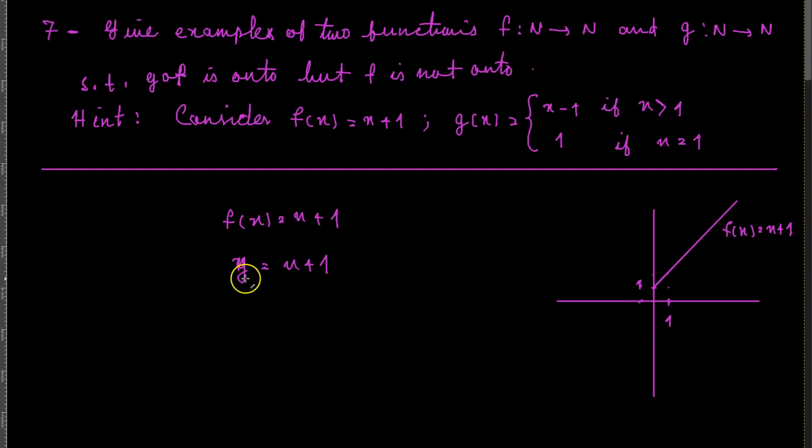But if I write y is equal to x plus 1 and x is equal to y minus 1, then that means that f of y minus 1 is equal to y. That means that any y that I find in the codomain of this function, which is n, there has to be some y minus 1 that is mapped to that.